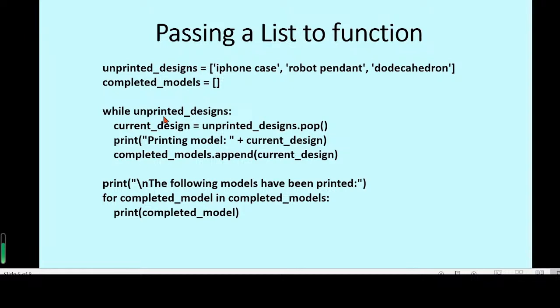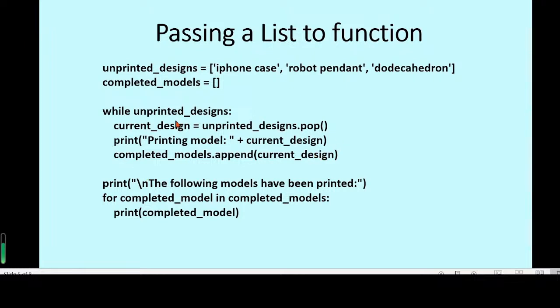While unprinted designs, if there's any element left in unprinted designs, then we pop out the last element in this list and set it to current design. Then we print a message, printing model, printing this current design now. Then we append this current design to the completed models list we created here.